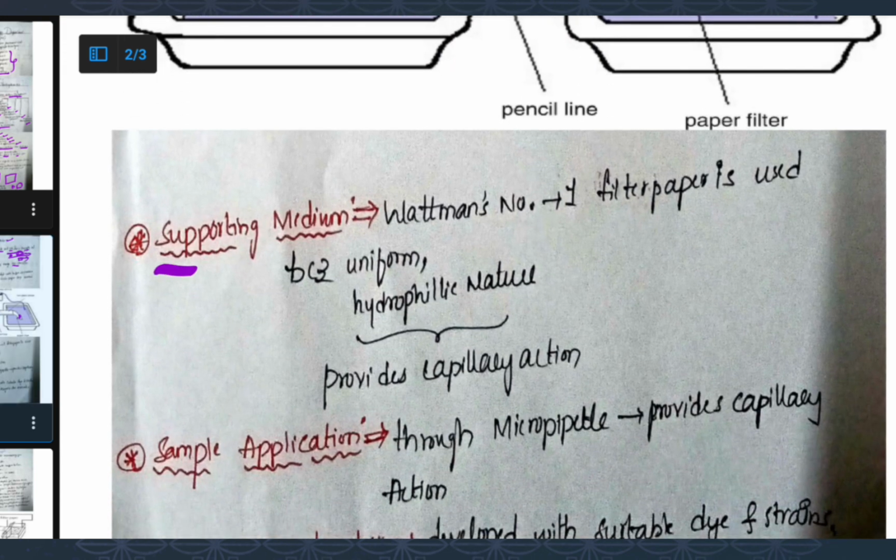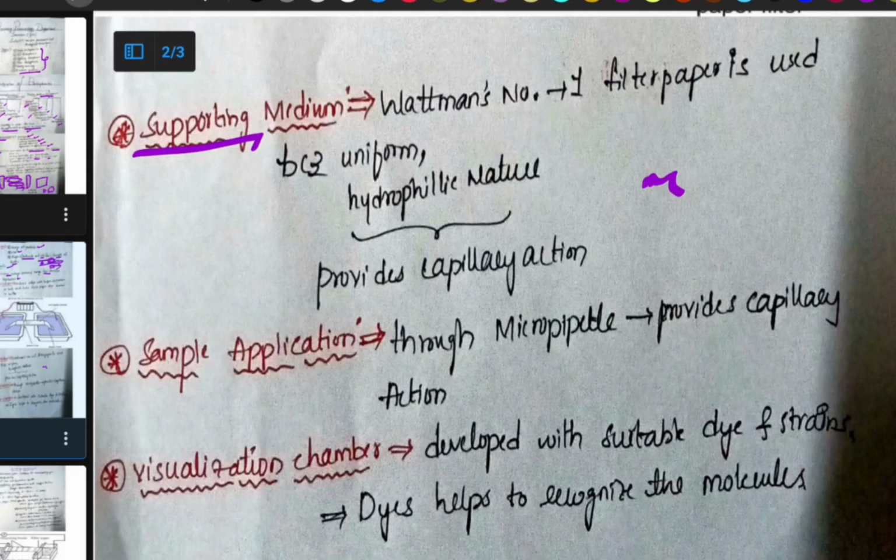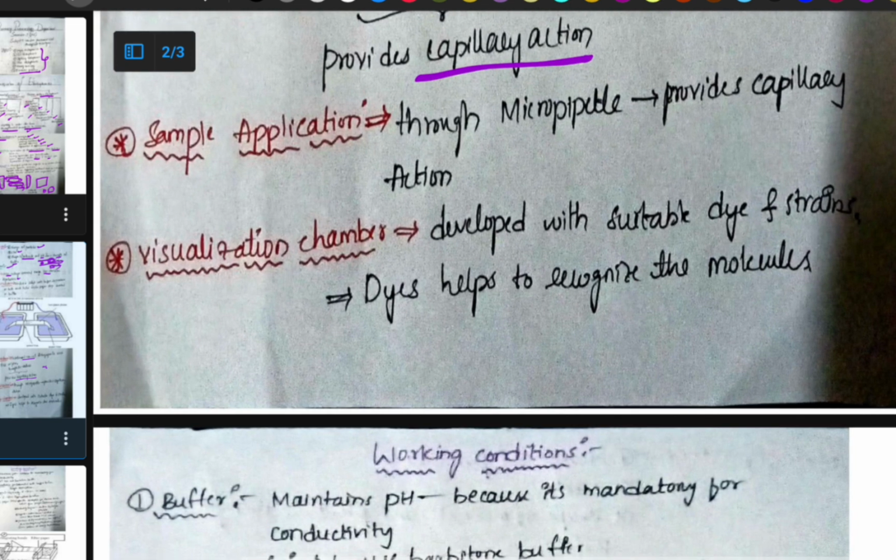The supporting medium is Whatman filter paper number 1, and it provides capillary action with a uniform and hydrophilic nature for the biomolecules. Then sample application: the sample is not poured with a glass or anything, it is applied with a micropipette, because the quantity of the sample we put on the paper is very small, yes, because that small part contains many of the biomolecules.